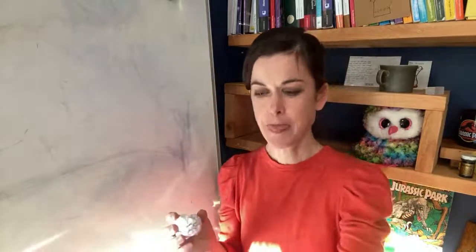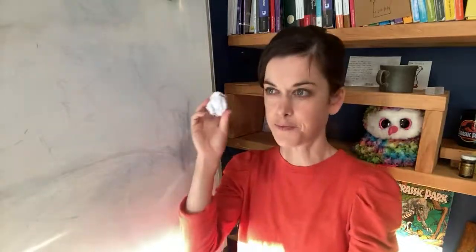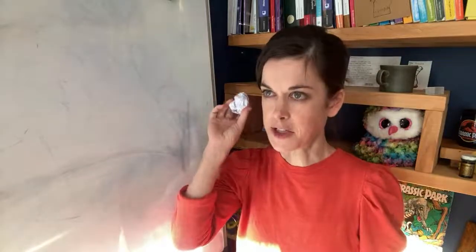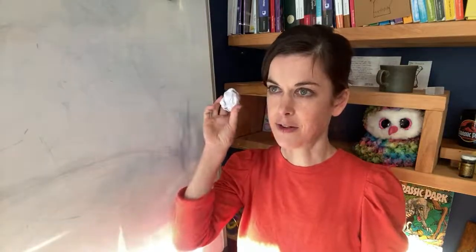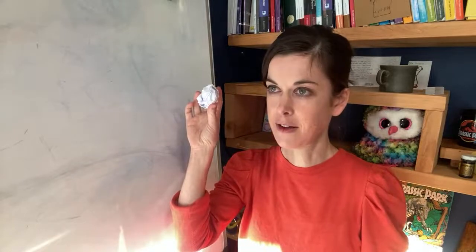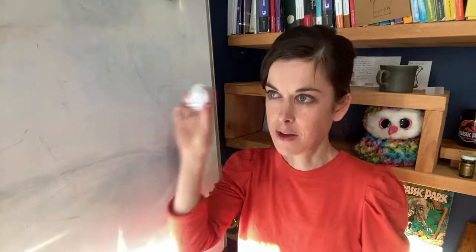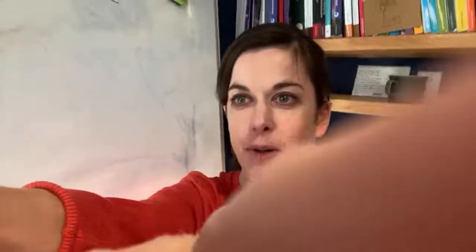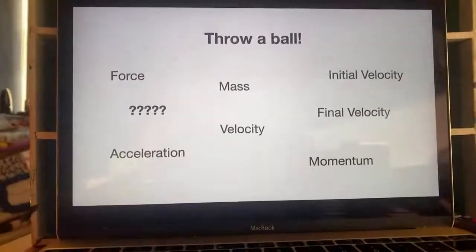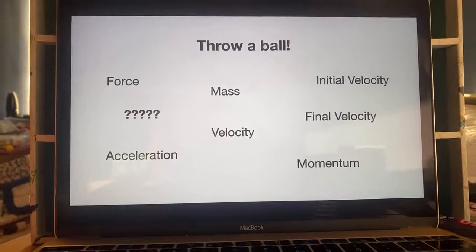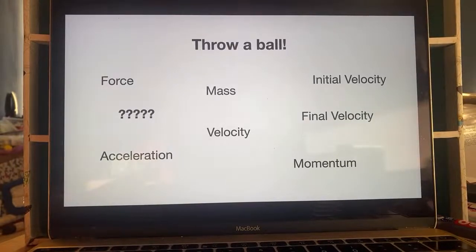Can you tell me which one of these things that I've written on the board, or which of them, are changing if you hold the ball still and then you throw it? You move your hand forward. Which one of these things are you changing about the ball? I've put one of them as just question marks because there's something that we haven't mentioned yet that is really important and has to do with impulse.